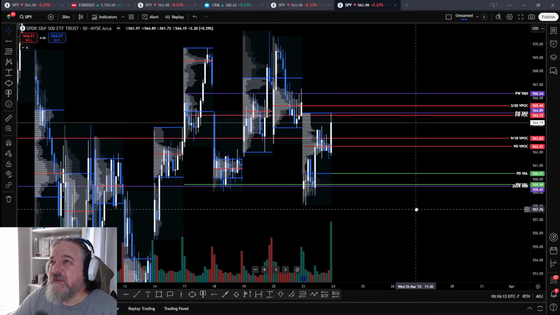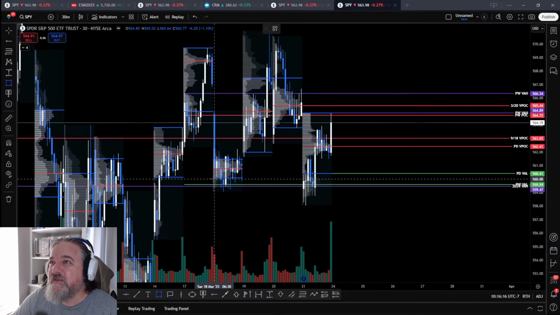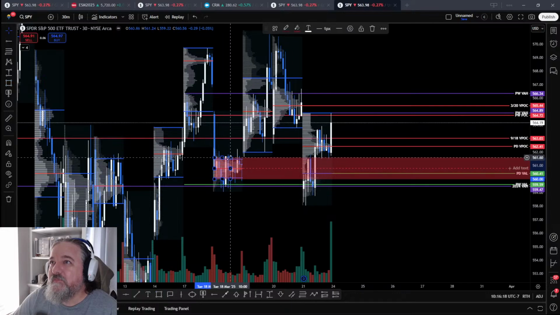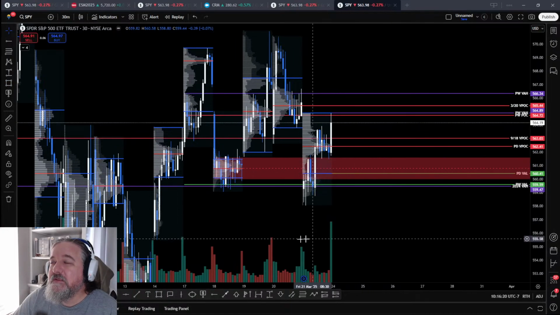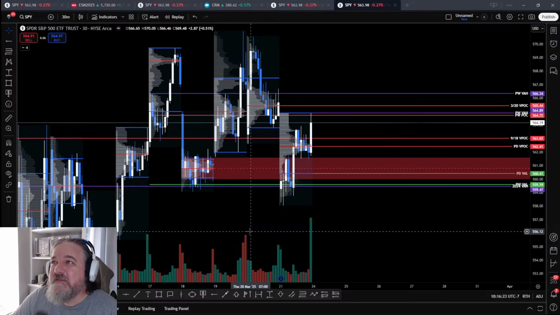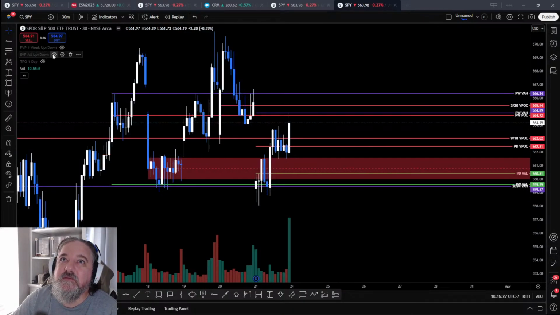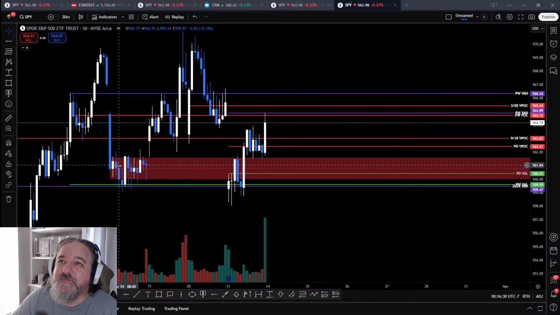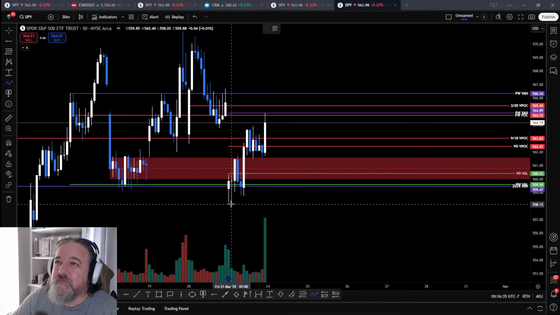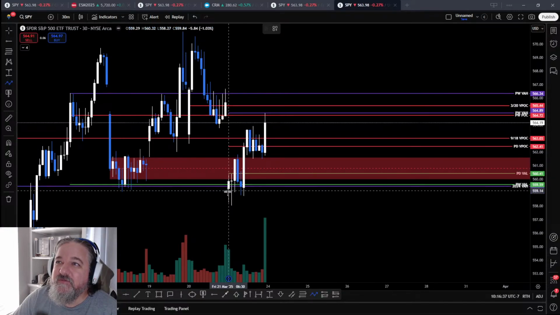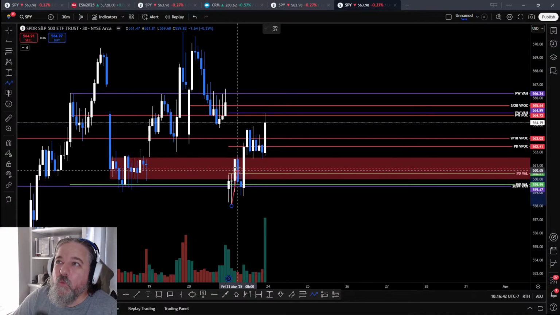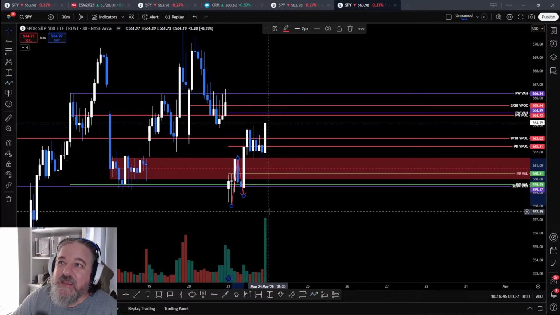We were talking about if you have a volume shelf like this, price can hang out through here, right? The one thing we didn't talk about, which you can kind of see here, so let me erase this volume profile. Generally, when you're looking at a volume shelf, price will go from one side all the way to the other side of the volume shelf and then reject.